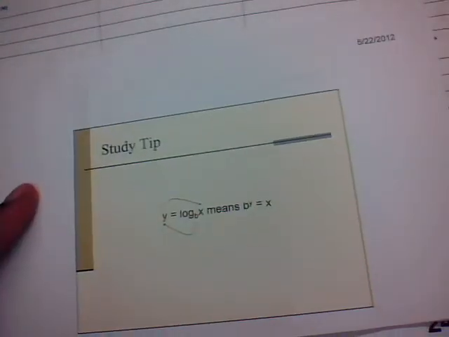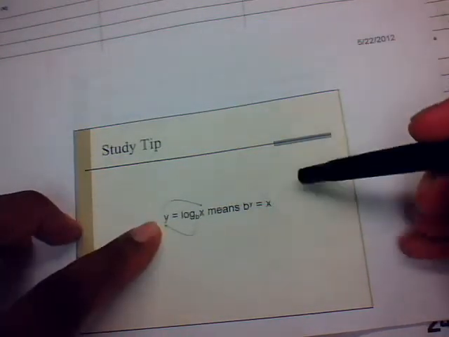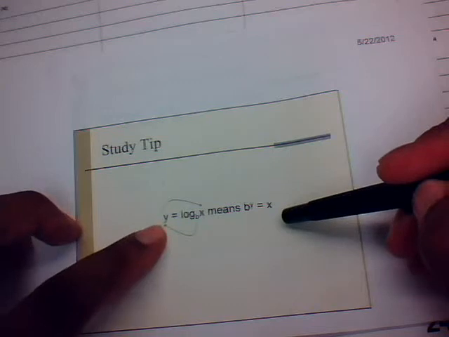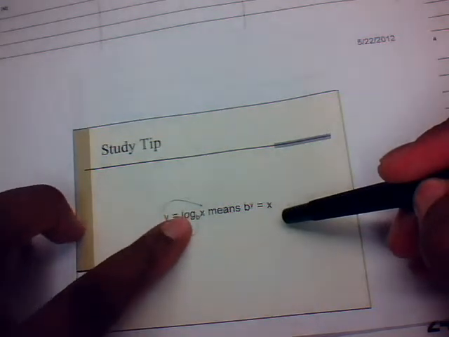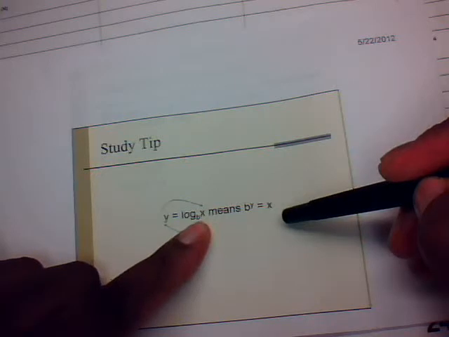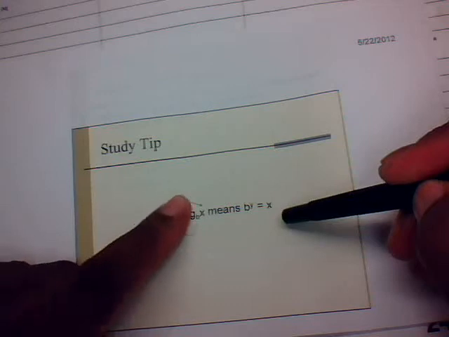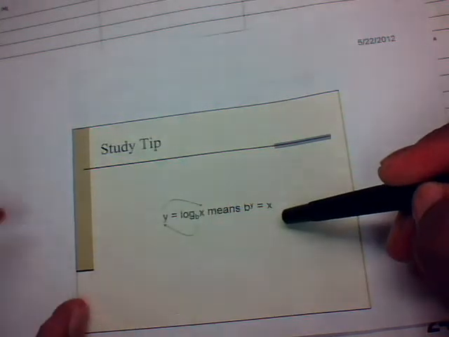Here's a study tip that will help you convert from logarithmic form to an equivalent exponential form. Here we have y equals log to the base b of x. That means this b, the subscript, is your base, and it's going to be to the exponent, which is y, equals x.